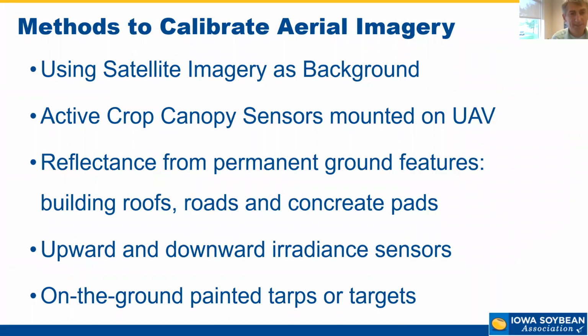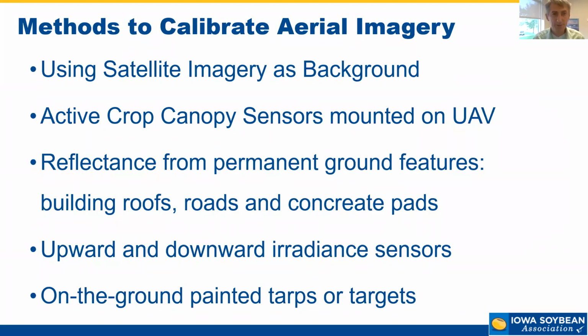So we decided to establish a calibration protocol. This is the same as how you probably calibrate your pH meter in the lab. There are different ways to calibrate imagery in real conditions. One of them is to use satellite imagery as a background. It requires a little bit of knowledge of both.